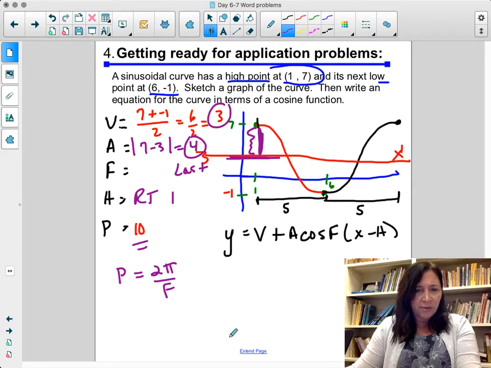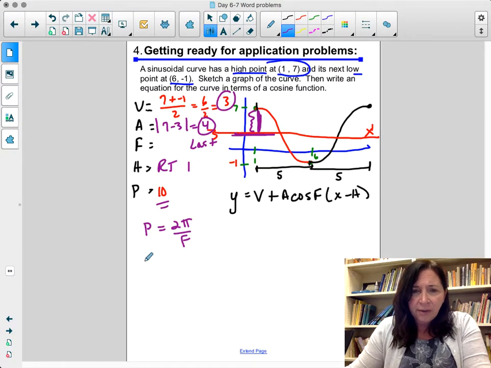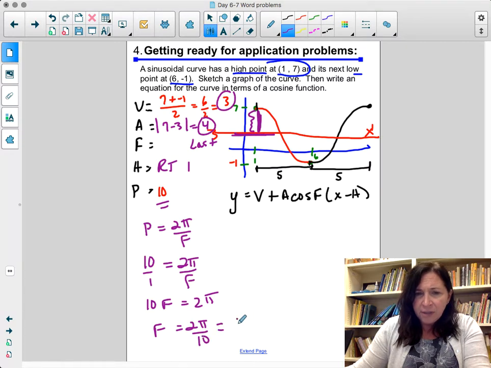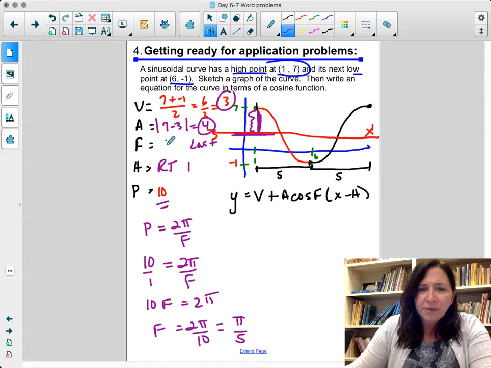We don't know the frequency, but we do know the period. So I'm going to go 10 is equal to 2 pi divided by my frequency. I'm going to cross multiply. I've got 10 times my frequency equals 2 pi, my frequency equals 2 pi divided by 10, which then makes pi over 5. So my frequency is pi over 5.